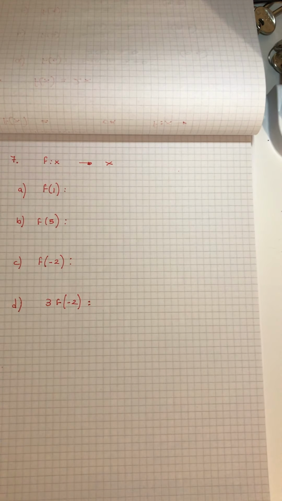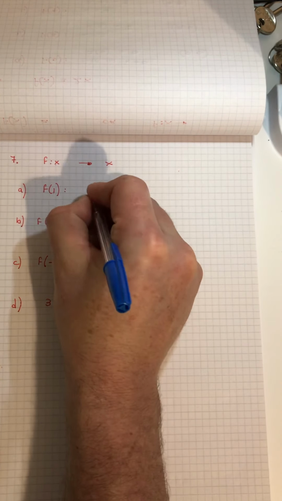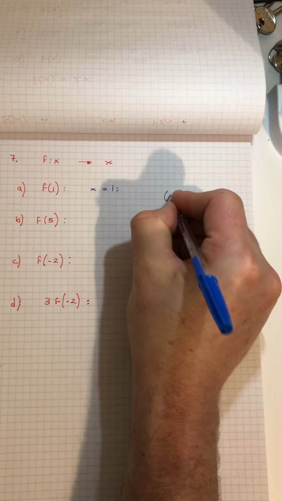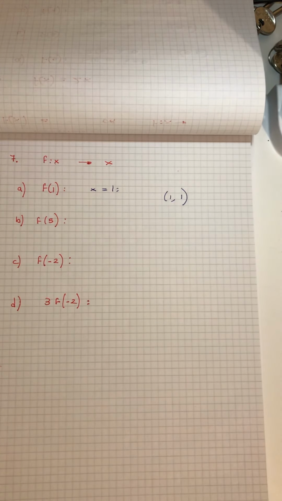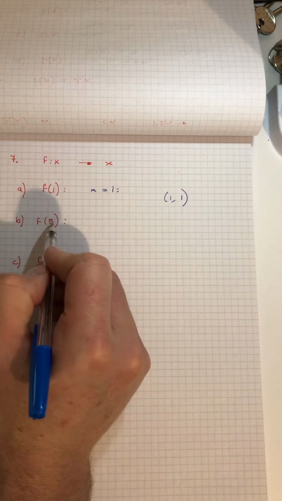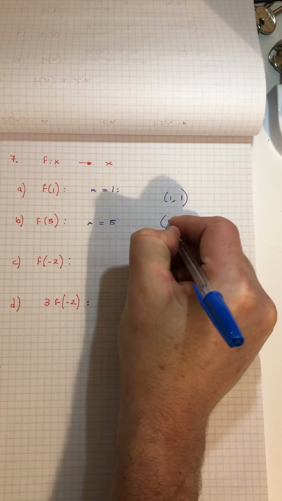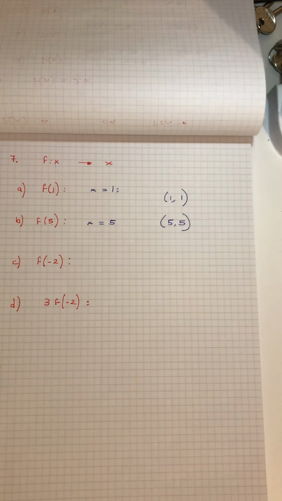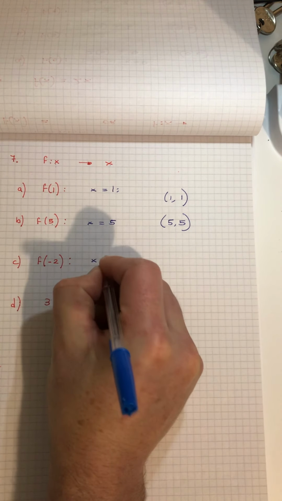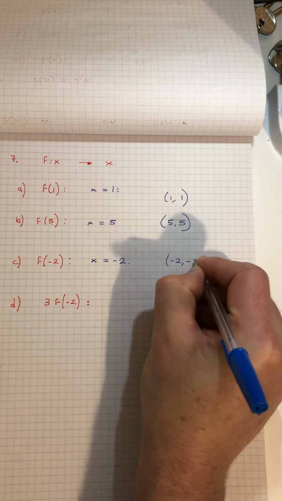Alright, so in this case here, we're replacing x with the number 1. So x is 1. So it's just going to be 1, 1. Because x is 1. In this case, x is 5. So the point will be 5, 5. In this case here, f of minus 2, x is just minus 2. So minus 2, minus 2.